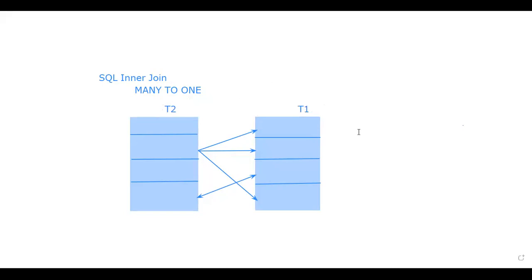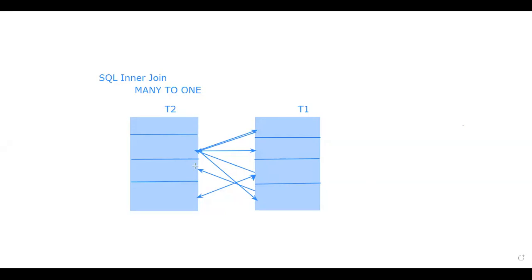It's T1, right? See many to one. Look at it. So many to one, what is happening here? Many to one is a kind of relationship. One of the rows in the first table can be related to one single row of the second table.